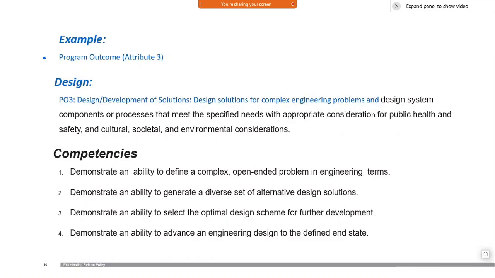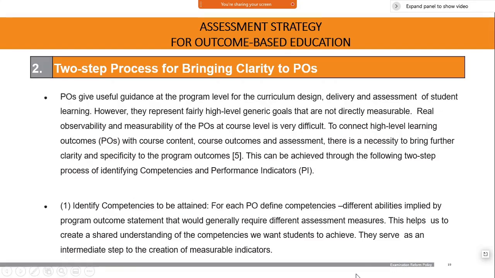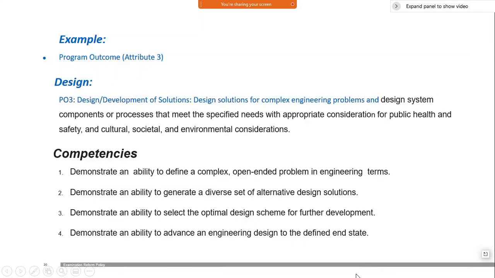I will now show you how to create a question paper for this. First, we'll look at step 2, program outcome PO3. What are the competency levels for PO3? Design and develop solutions for complex problems, demonstrate an ability to define a complex problem, generate a diverse set of alternatives, and engineering design.